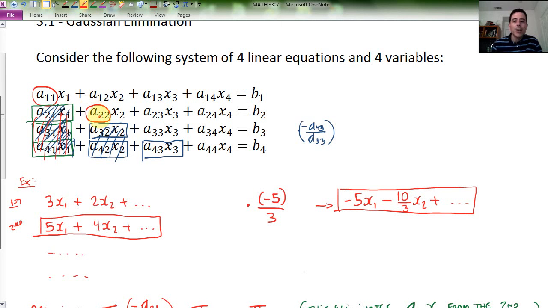Well, this a22 at this point is not the same a22 from the original system, because after you multiply these equations and add and keep adding and multiplying, all these coefficients might change, and they might be different numbers after you do all these operations. So the new a22, whatever that is after we eliminate these three terms here, is called a pivot again, right?